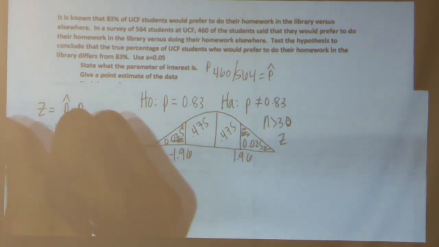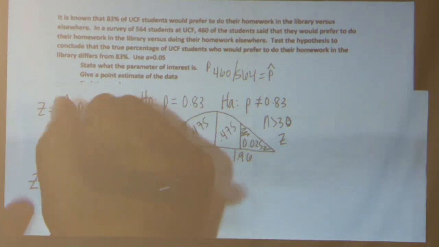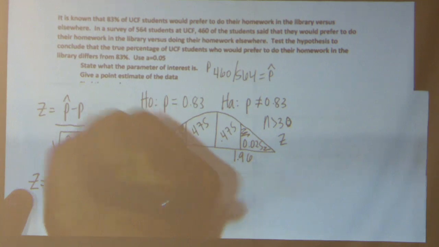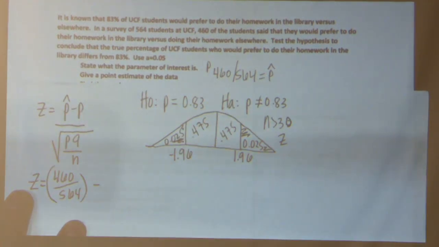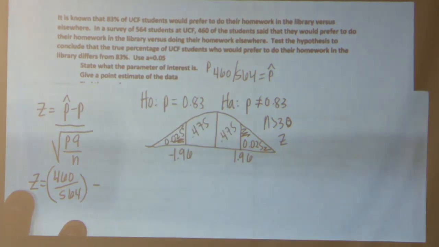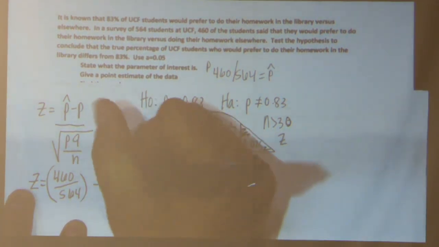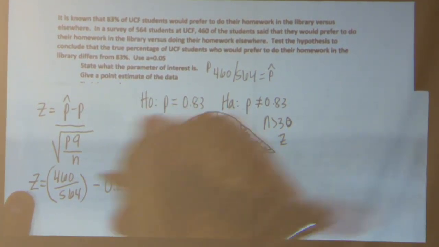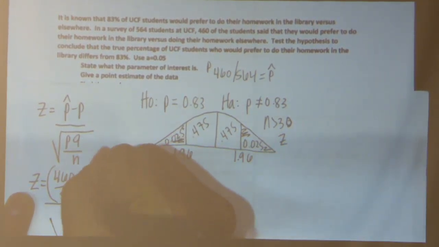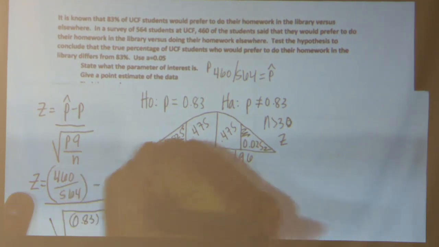So in this case, our p hat value, like we said, was 460 divided by the 564. Our p value is going to come from what we made in our alternative and null hypothesis. So this is going to be the 0.83. Again, our p-value was 0.83, and our q value is just going to be 1 minus the 0.83.